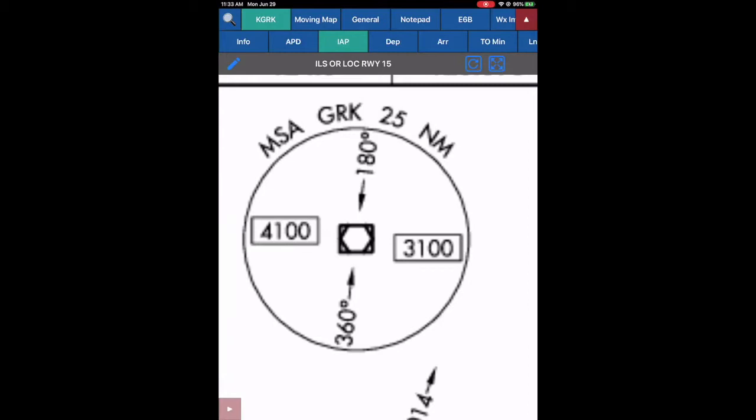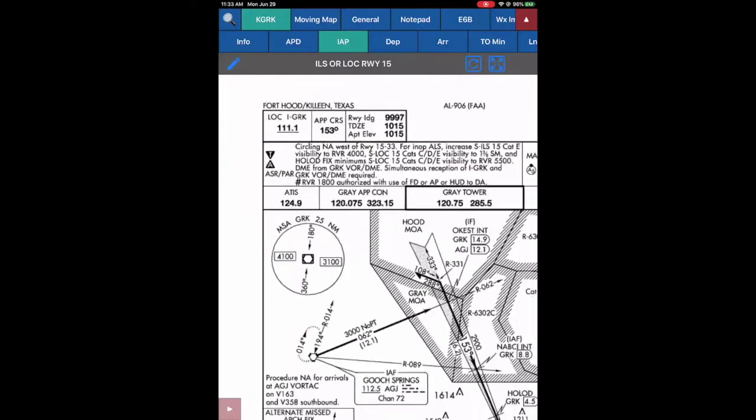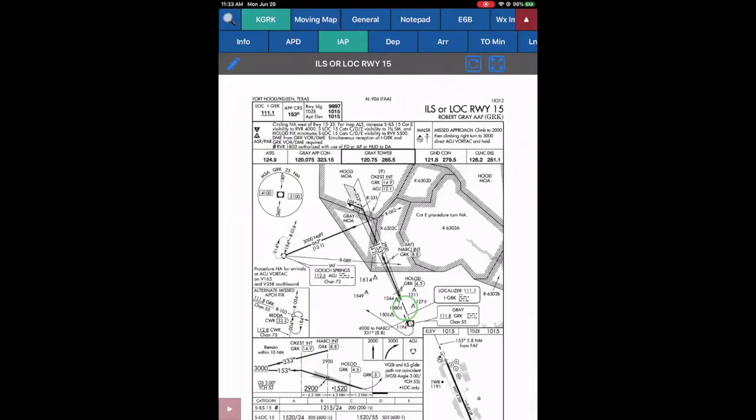An MSA, you say. Okay, because it says MSA. What does that stand for? Is that min safe or is that min sector? And how do I tell the difference between the two? What does that provide me with? Within how many miles? Matter of fact, within how many miles of what? The runway, the airfield, the nav aid, what?